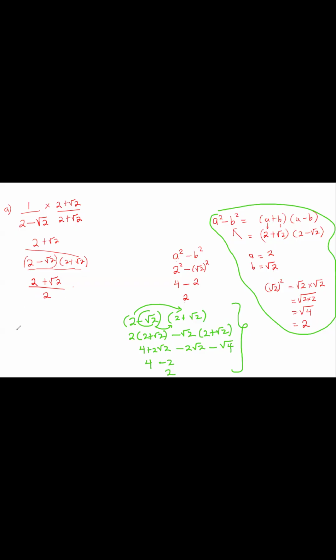Teacher, why is it wrong if I first multiplied 2 times 2 minus root 2 plus root 2 as my denominator? Why is it wrong? I beg your pardon? Where are you getting this from? It's what I'm failing to get.